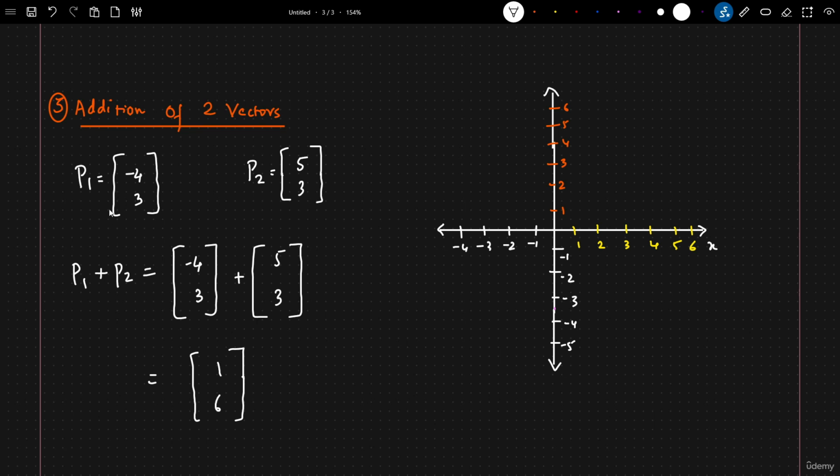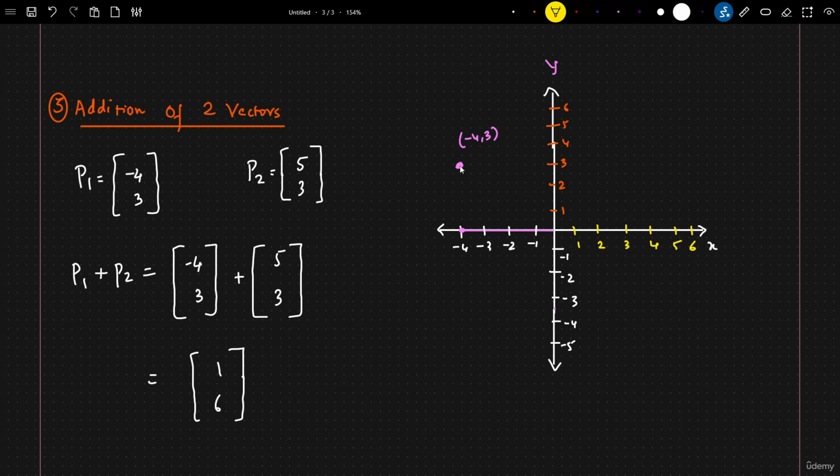Now, when we talk about this coordinate, let's consider -4, 3. -4, 3 basically means we have to move towards this position, and from this point we go to the third position over here on the y-axis. This is my y-axis. So this is my position over here, and this coordinate is given by -4, 3.